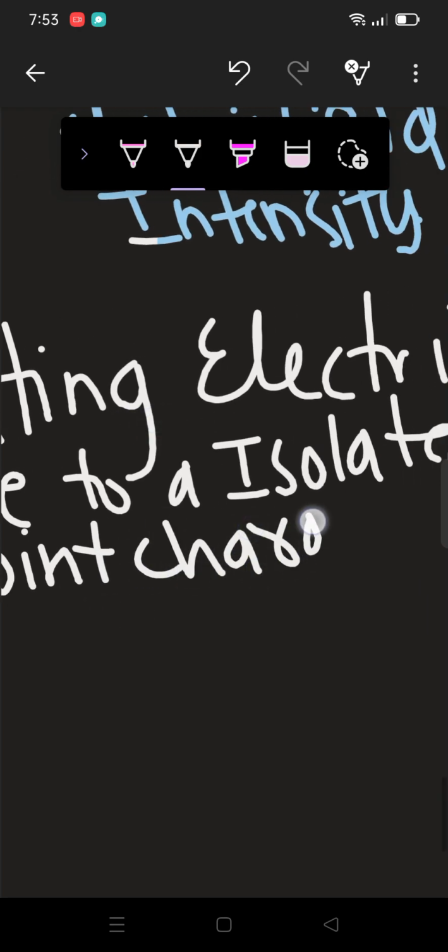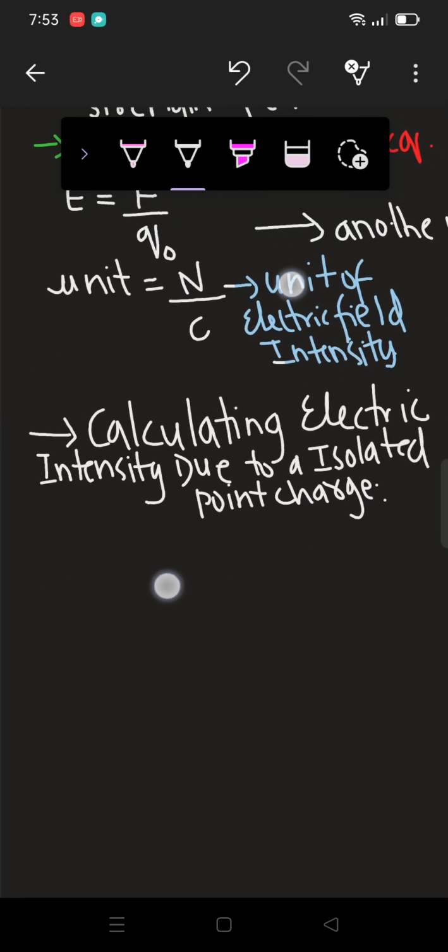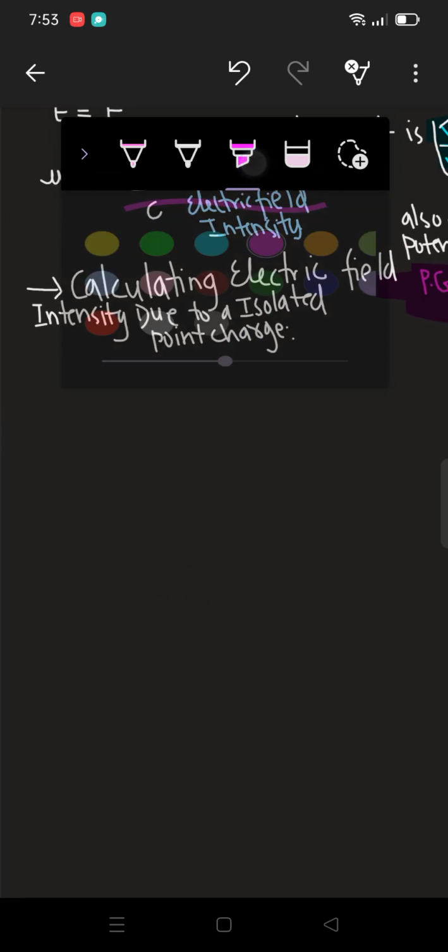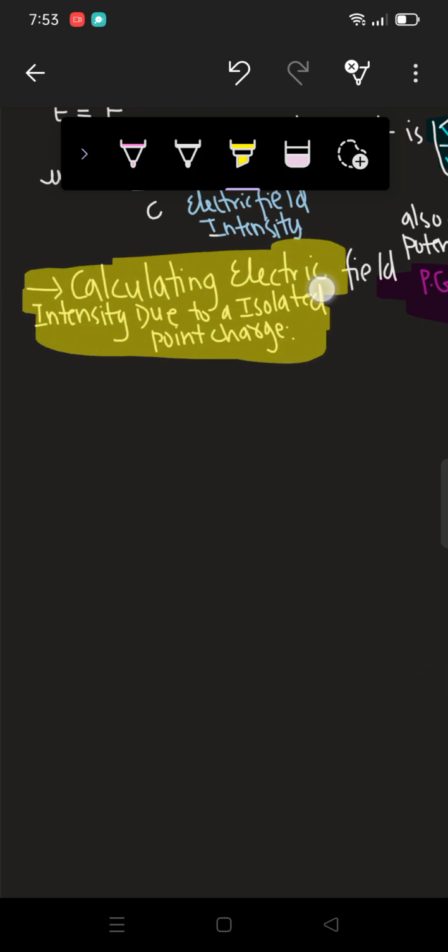Another name of point charge is source charge, right? So let me highlight this topic first with the yellow color. Today we are going to calculate the electric field intensity due to an isolated point charge.